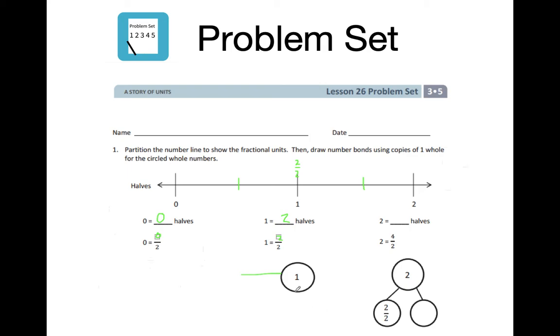And you would just need to make 2 spider legs, each of them containing 1 half. Then if I move on, that's 3 halves. And then how many halves do I now have for 2 wholes? I have 4 halves. And I can represent that by doing 2 halves plus 2 halves equals 2 wholes.